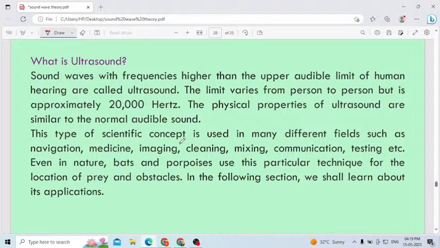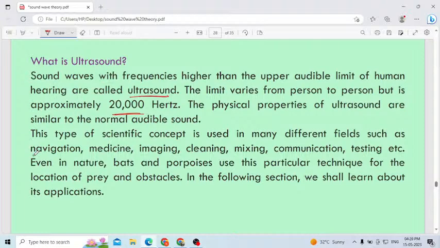What is ultrasound? Sound waves with frequencies higher than the upper audible limit of human hearing are called ultrasound. The limit varies from person to person. The physical properties of ultrasound are similar to normal audible sound. This type of scientific concept is used in many different fields such as navigation.